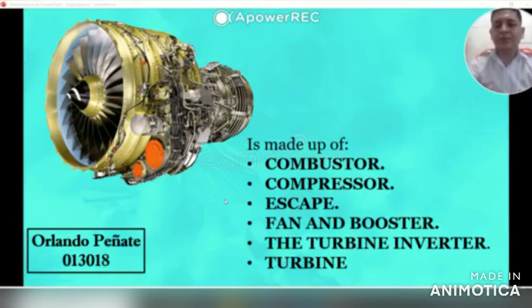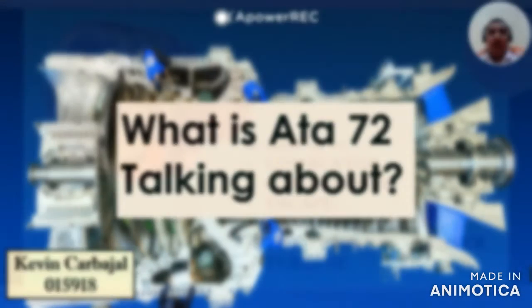And finally, the turbine. All variants of the CFM56 feature a single-stage high-pressure turbine, HPT. In some variants, the HPT blades are made of single crystal superalloy, giving them high strength and creep resistance.